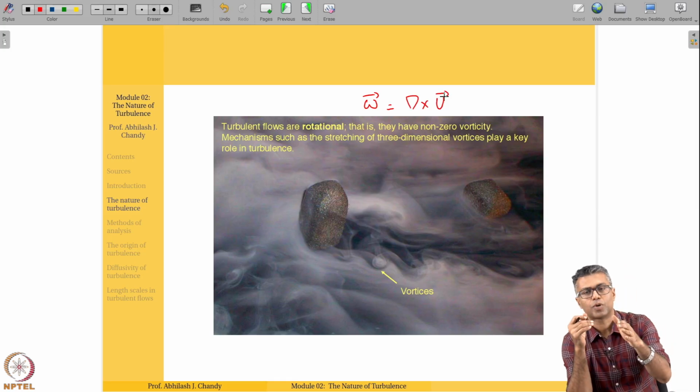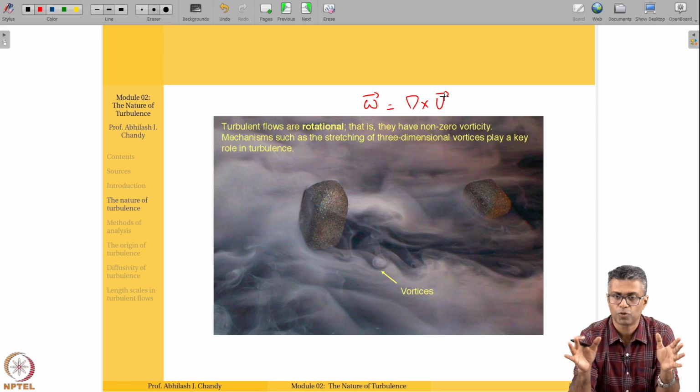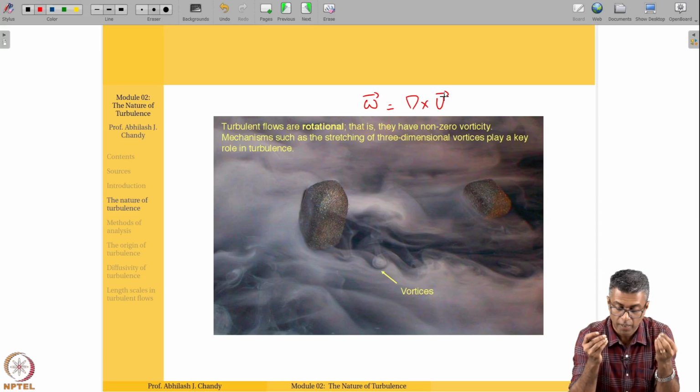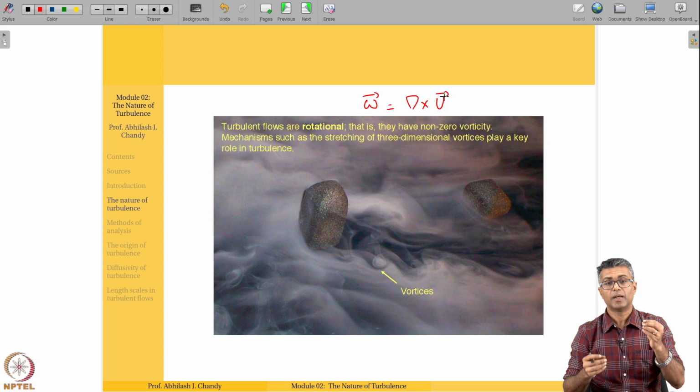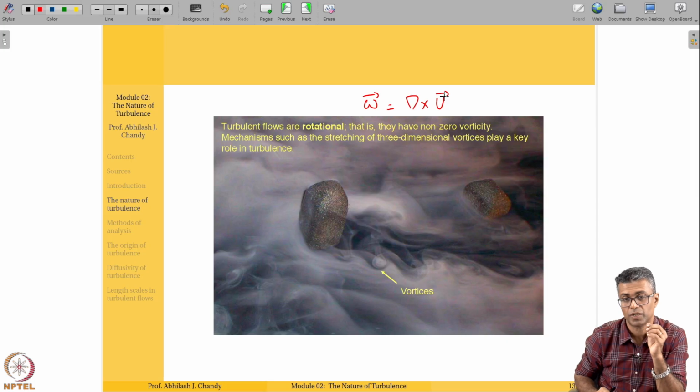So you can actually get three different components for omega: omega i, omega j, and omega k. We know that turbulent flows are rotational, as in vorticity is non-zero, and this is something that I had mentioned earlier as well. The stretching of three-dimensional vortices, we now know, plays a key role in turbulence.